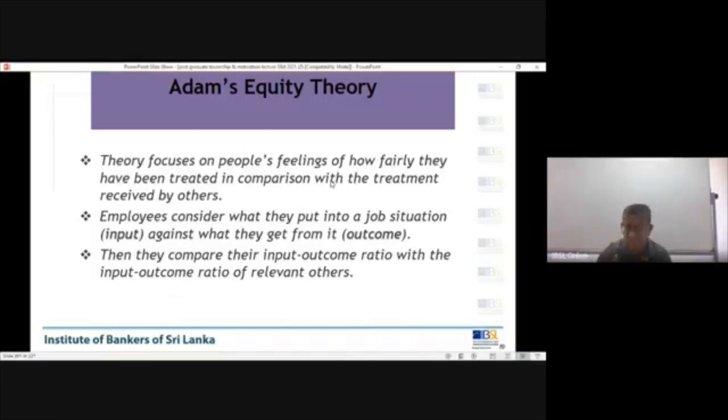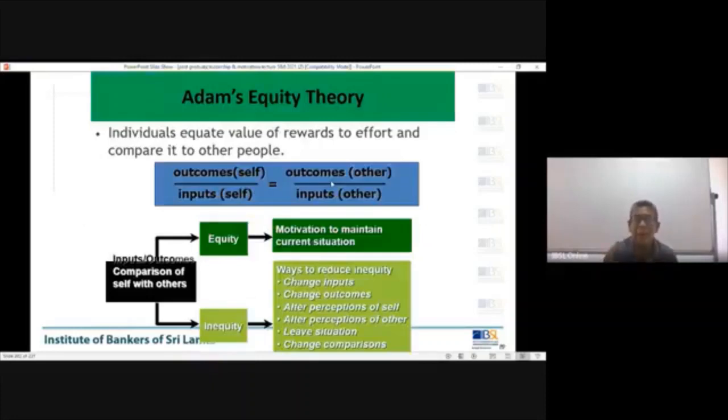You try to reduce your effort to fall in line with the other guy, or maybe you find another job. So you need to adjust yourself. That is what equity theory is talking about: your output over input should equal the other person's output over input. If not, you try to adjust your input and output, right?